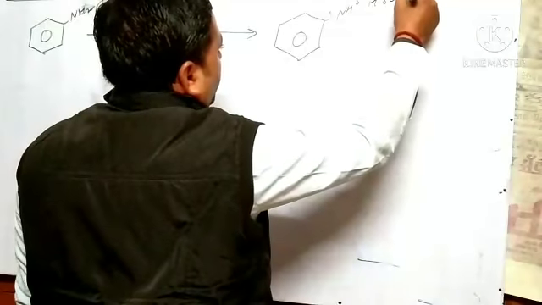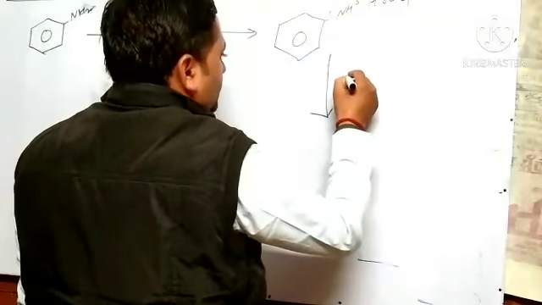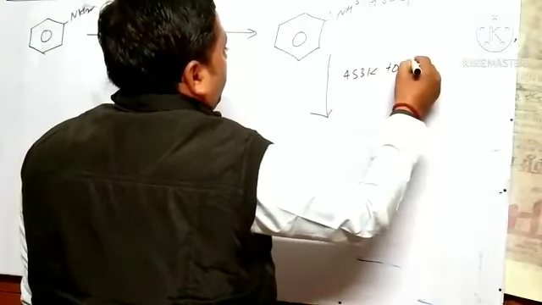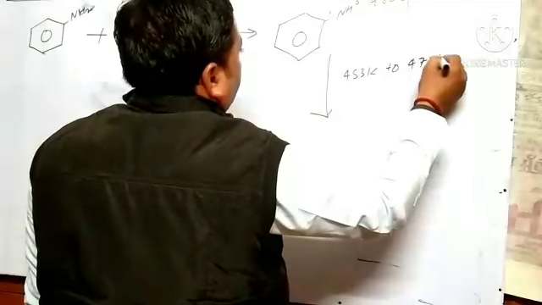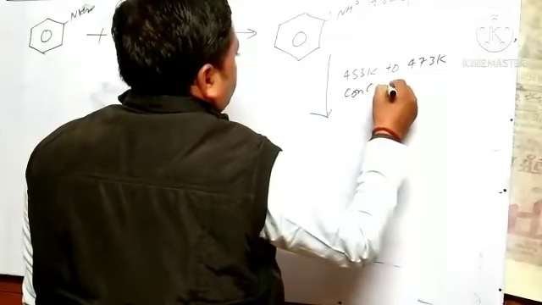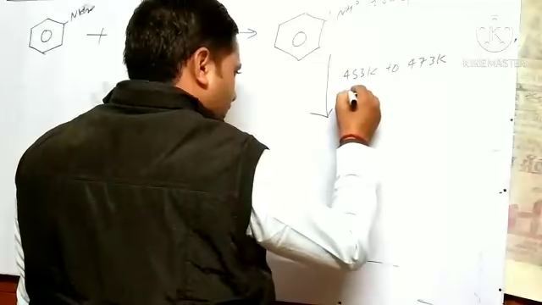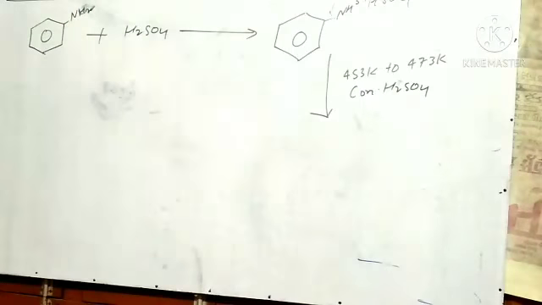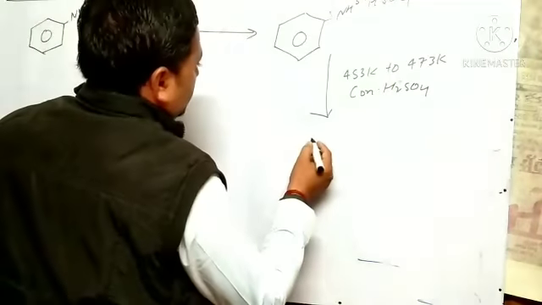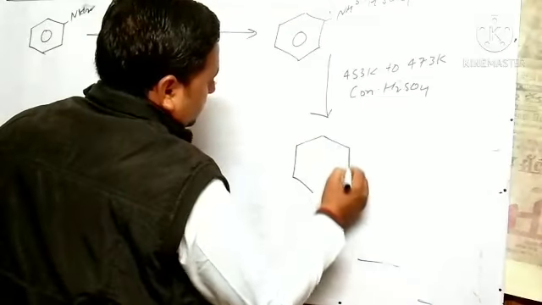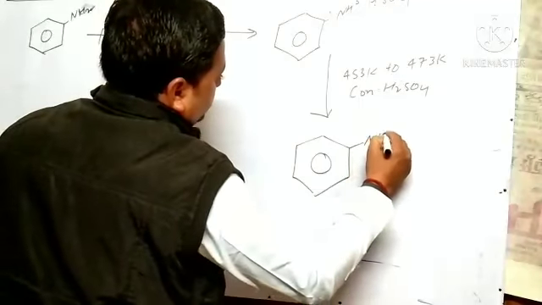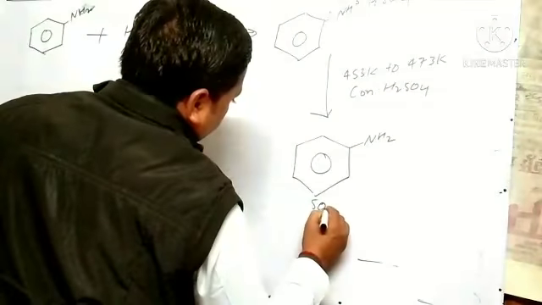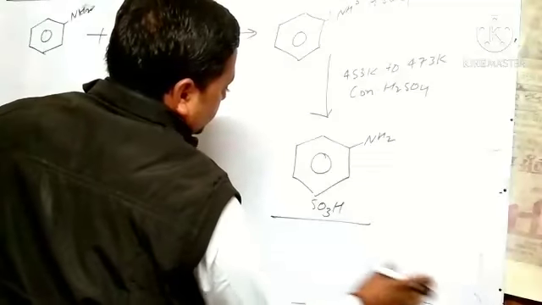It forms anilinium hydrogen sulfate, which on heating at 453 Kelvin to 473 Kelvin with concentrated H2SO4, it gives the product that is sulfonic acid, NH2 and SO3H. Aminobenzene sulfonic acid. This is the product.